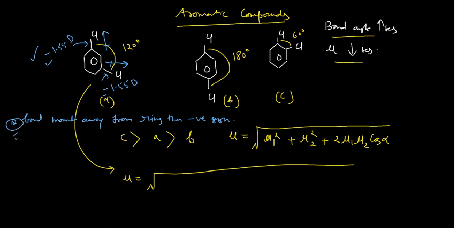So if you want to calculate this one, you can write: minus 1.55 squared, plus minus 1.55 squared, then plus 2 multiplied by minus 1.55 squared, and in that case cos, I am calculating for the meta derivative, so cos 120 degrees, and cos 120 degrees has the value of minus half.